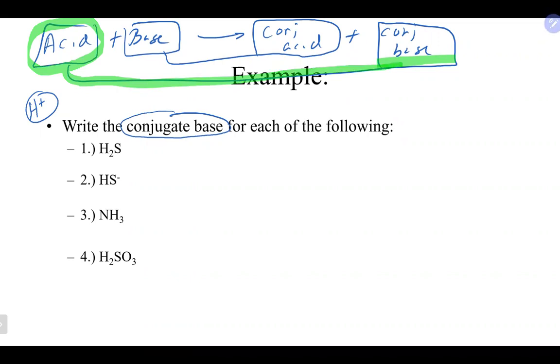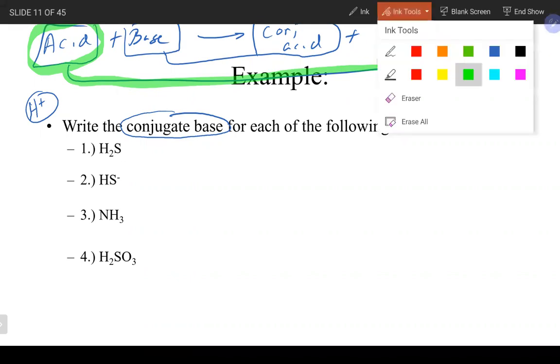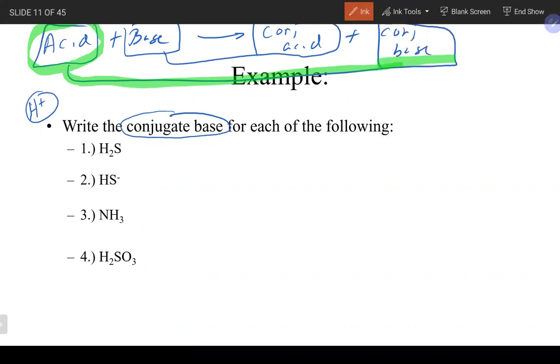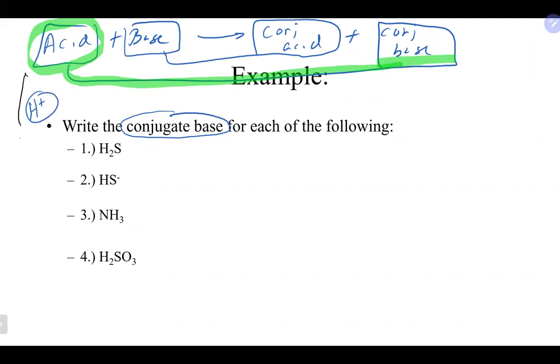And really all we need to know is the definition of the Bronsted acid, which is something that will donate the H plus. So we should just take the H and the plus off of each of these things. For the first one, get rid of the H, we're left with HS. We have no charge, but we then become one more negative as we lost the positive charge.